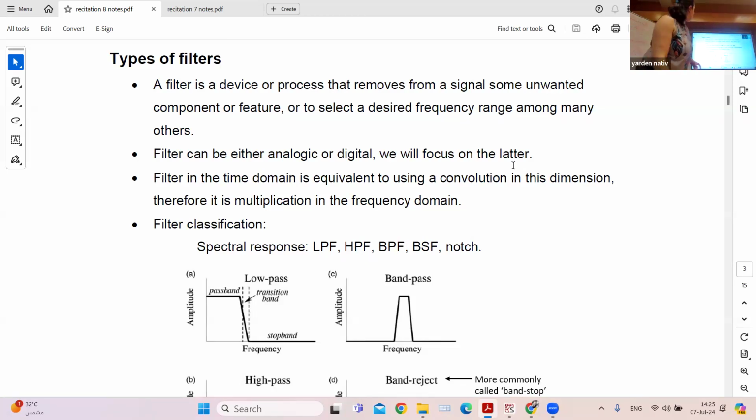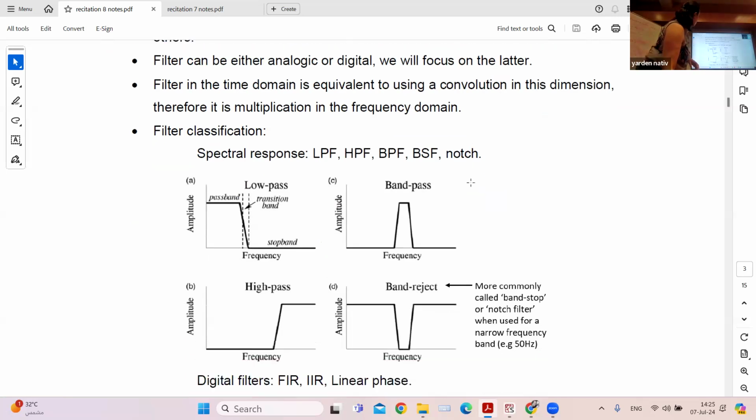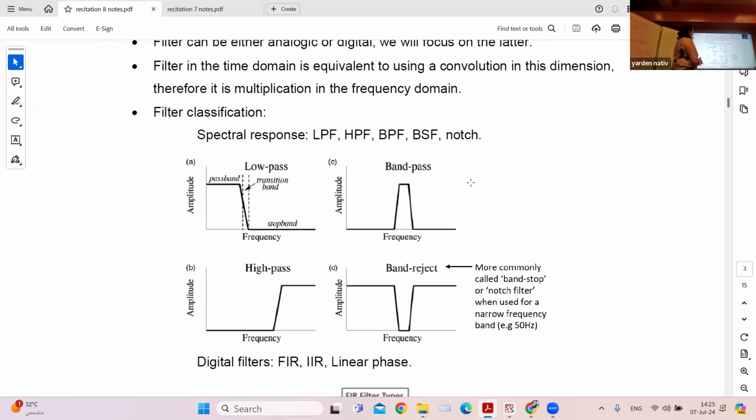For example, this is how we plot a filter. Over here, notice that the x-axis is frequencies, not time.